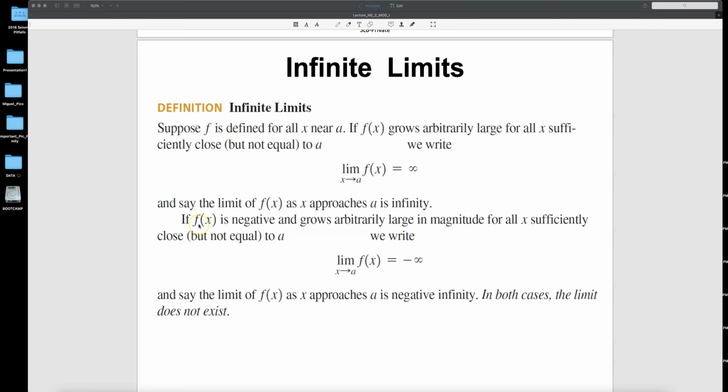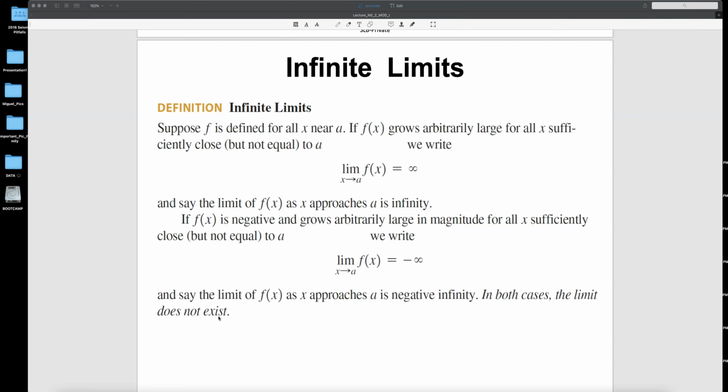If the function becomes negative and anytime in magnitude larger and larger, but it's going to be negative, then we say that the limit is going to be -infinity. But again, here, in both cases, the limit does not exist.